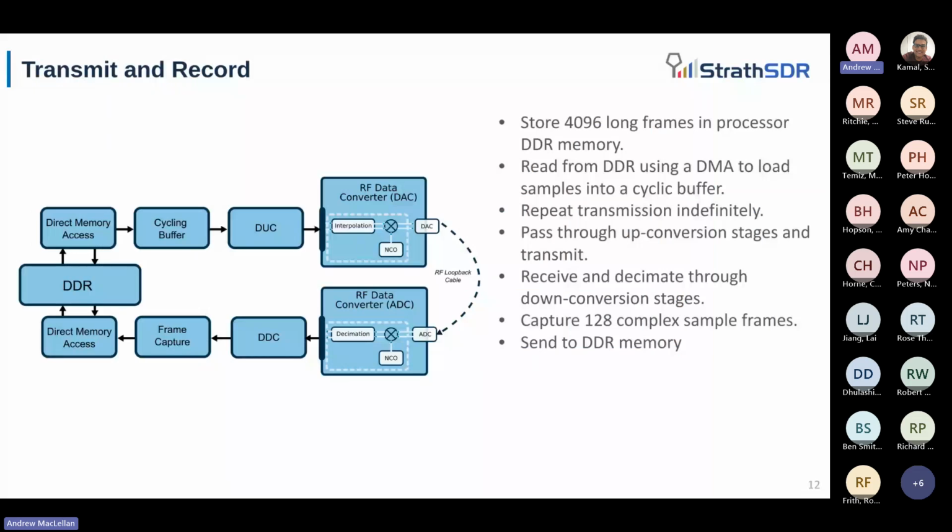So we'll take these 4,096 long frames into the processor and store them in the processor DDR.